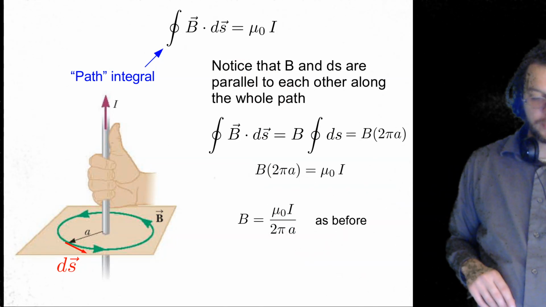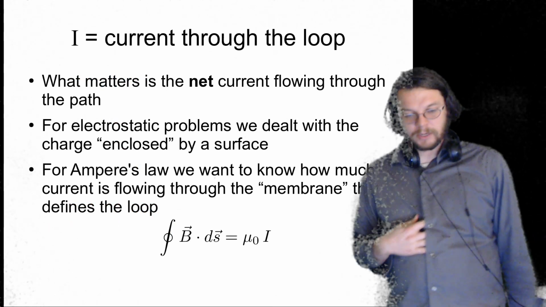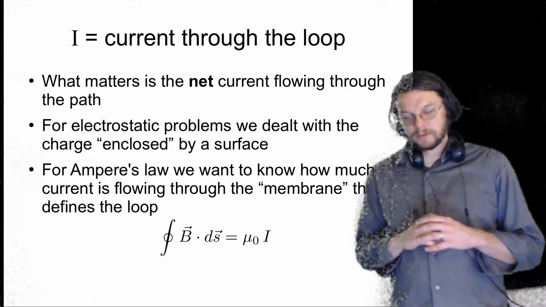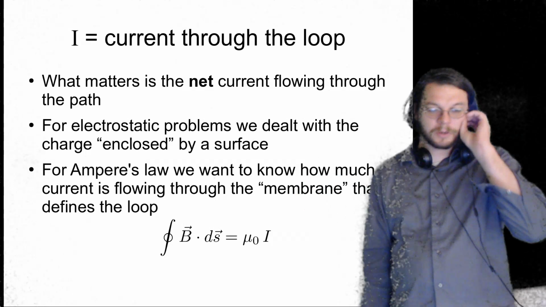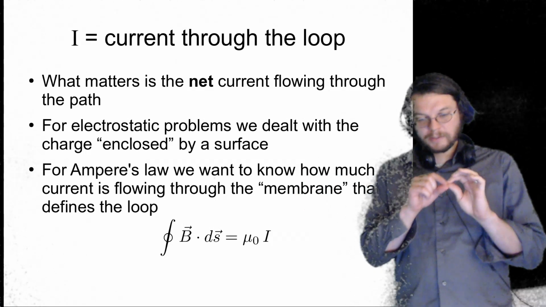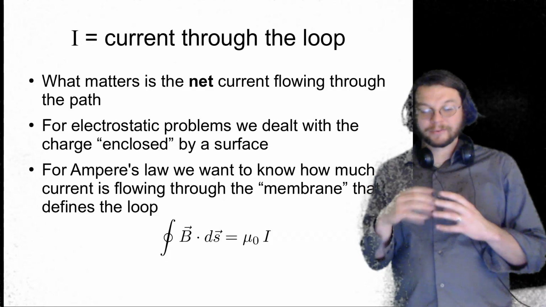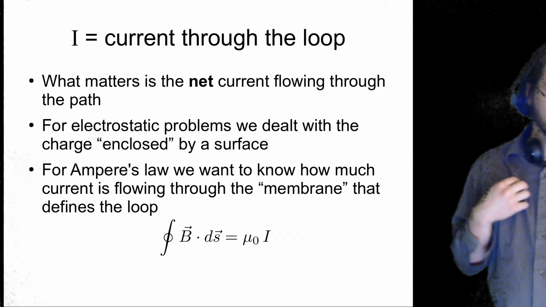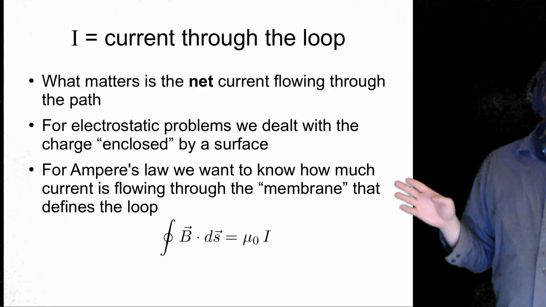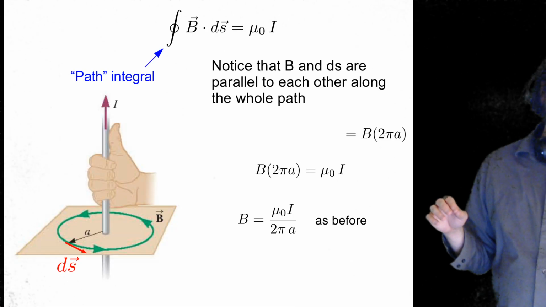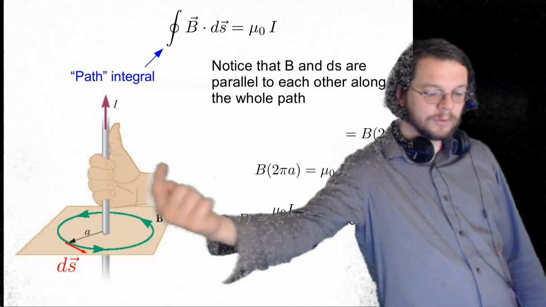Okay, so that's fine. In general, you can use it in more general cases. For example, with cylinders of wire, where there's a current going this way and a current going that way. Or instead of treating it as a thin wire, we might have a thick wire, and we want to know what the magnetic field is inside of that thick wire. What's important for those applications that we're going to go through is that the current here is the current through this loop, right?